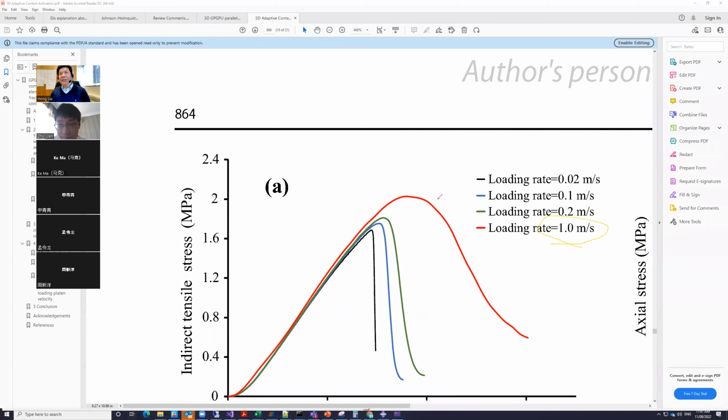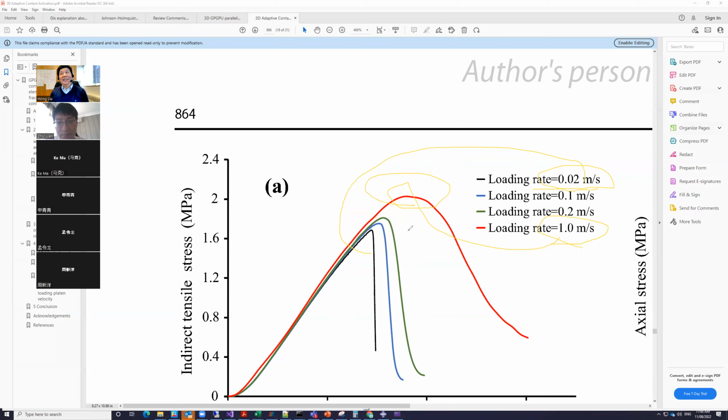For example, if you use a loading rate of 1 meter per second, the dynamic effect will be quite obvious. But if we use a quite small loading rate, like 0.02, that corresponds to static. So an increased loading rate does have an influence, making it look more like dynamic.